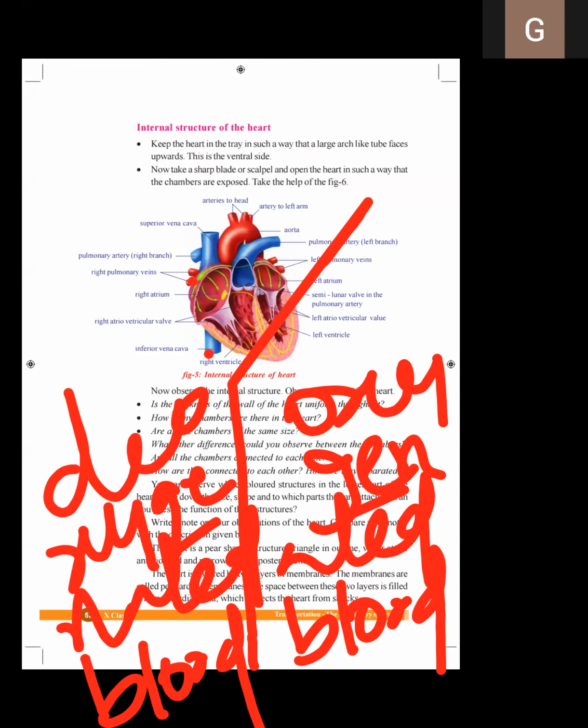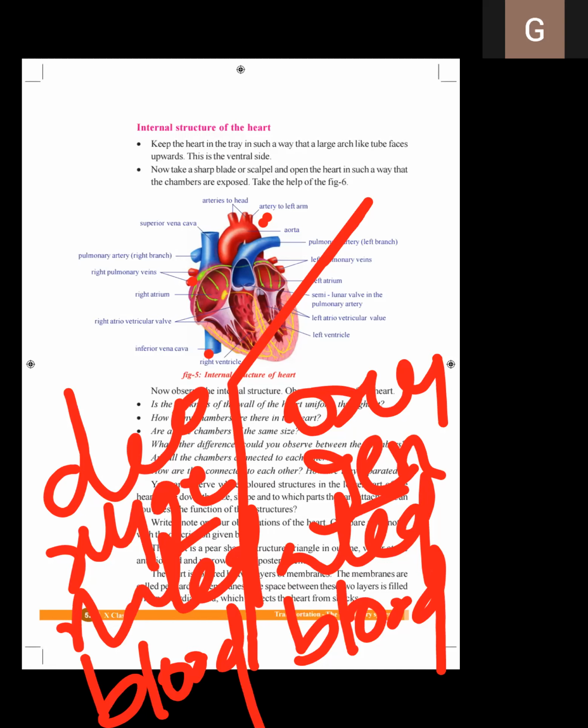The pulmonary artery is present at the upper portion of the anterior end of the right ventricle. This will carry the deoxygenated blood from the heart to the lungs.